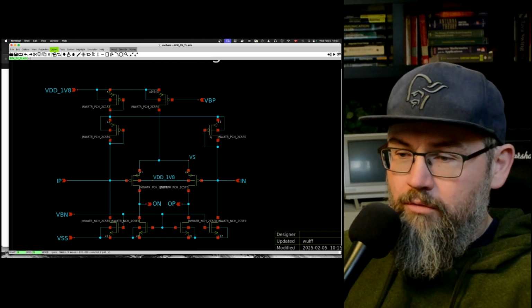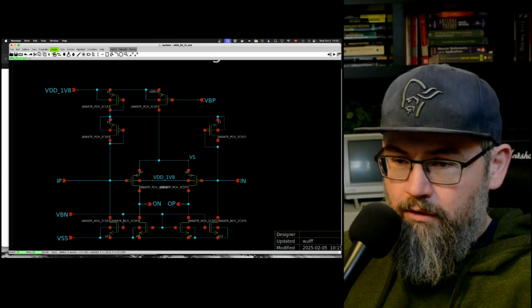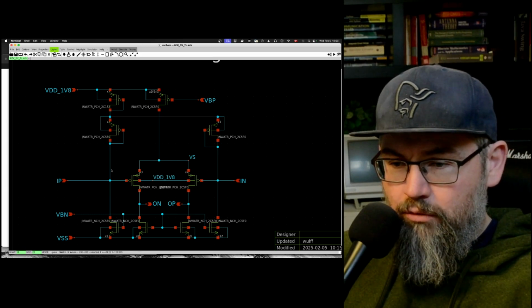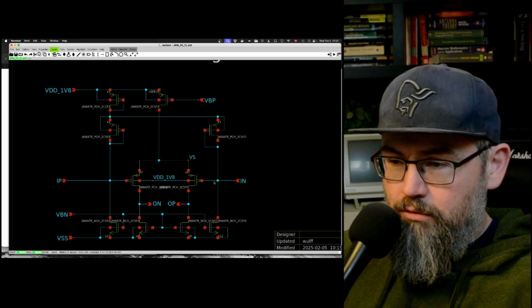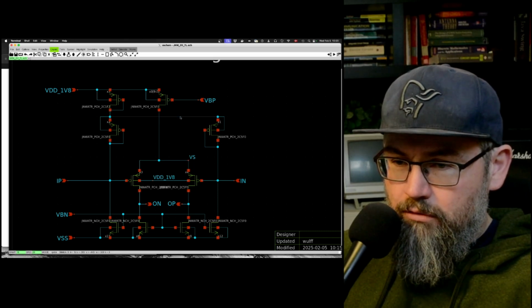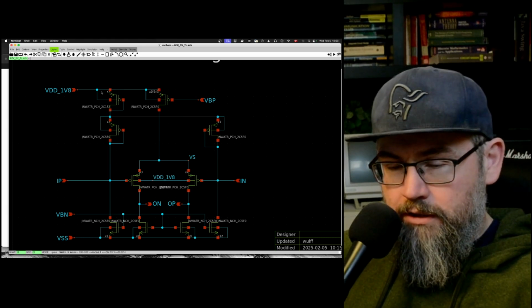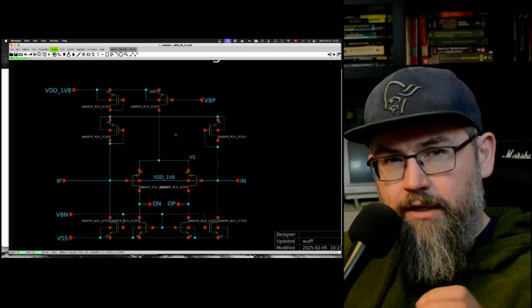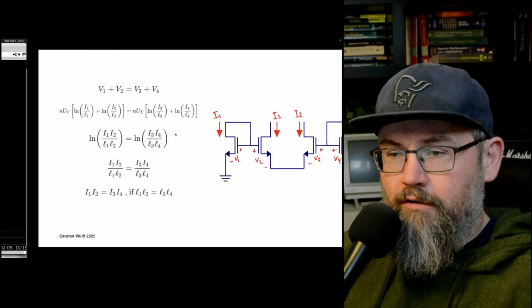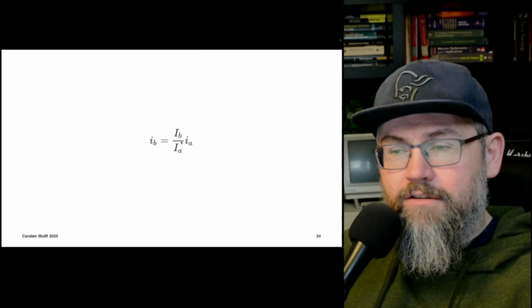Okay, so here we have a translinear loop. If we start at the node here, we go up a gate source, and I go down a gate source, I go up a gate source, and then I go down a gate source. So it's a translinear loop. There's a diode connection here at the top. That's just to set a voltage. And remember when I said you get a scaled version of the bias currents? Or that depends on the bias currents.